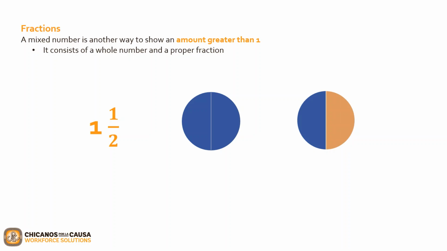The 1, or the whole number, comes from the fact that we have 1 whole shaded circle, where the 1/2 comes from the fact that we have 1 circle that's only half shaded. But again, we're counting those 2 circles as an entirety. So what we really have is 1 full circle and half a full circle, giving us a mixed number of 1 and 1/2.